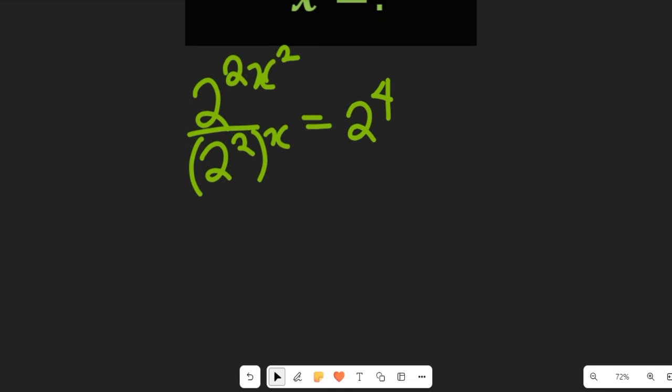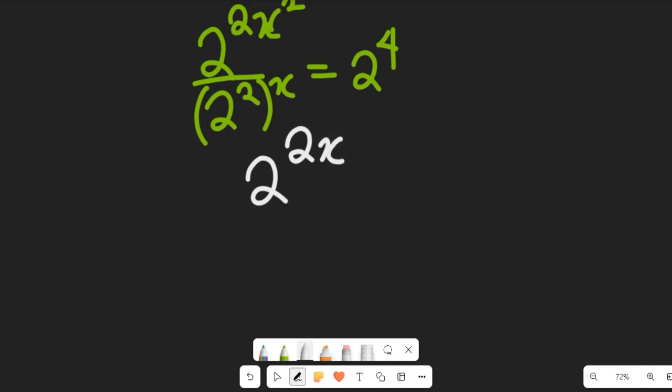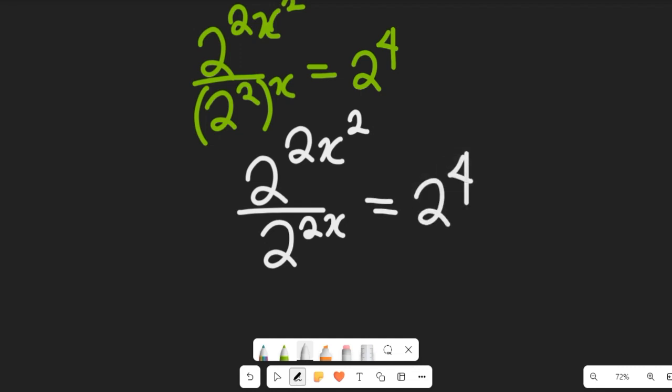Great. So this expression can now be simplified further. So we can have 2 to the power of 2x squared divided by 2 to the power of 2x, since the exponents will multiply, and this will be equal to 2 to the power of 4.